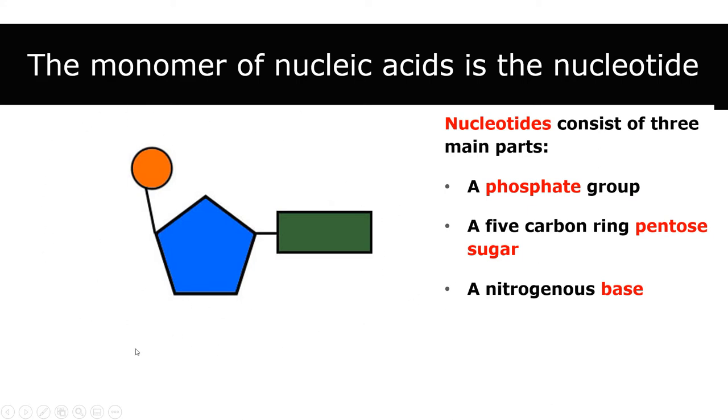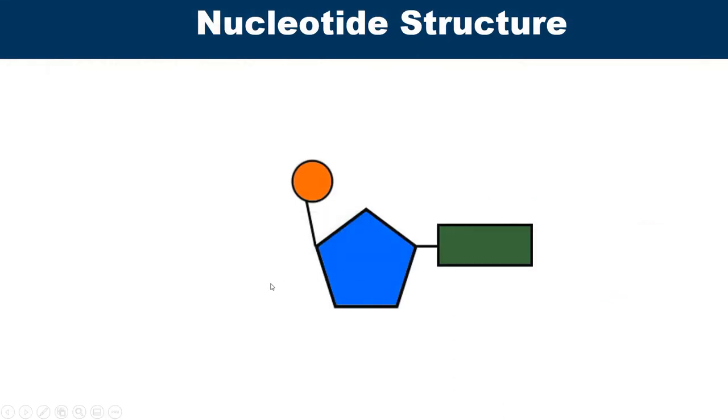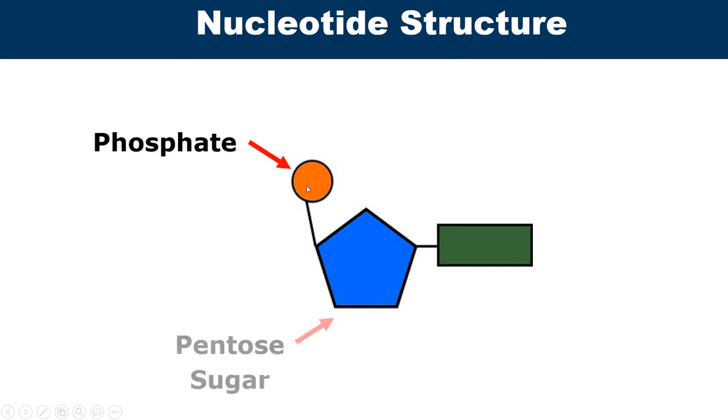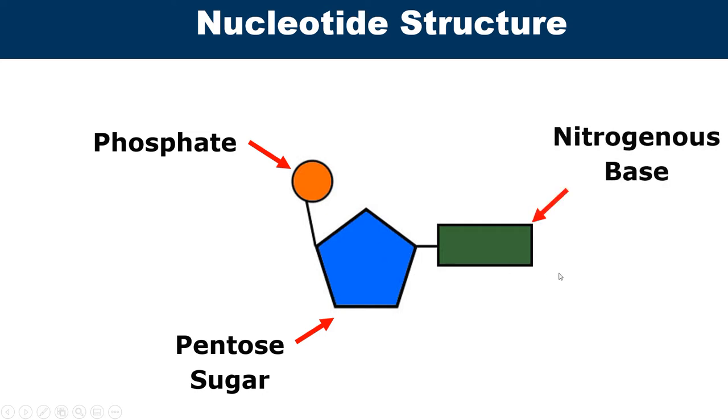So this whole structure here is the monomer of both DNA and RNA, and it comes in three parts. We've got a phosphate group, a pentose sugar, and a nitrogenous base. So, okay, the whole thing is a nucleotide, and this is going to be the thing that repeats that we can join together to make nucleic acids. So we have our phosphate, which is attached on that 5' carbon to a pentose sugar, and then on the 1' carbon we have some sort of nitrogenous base.